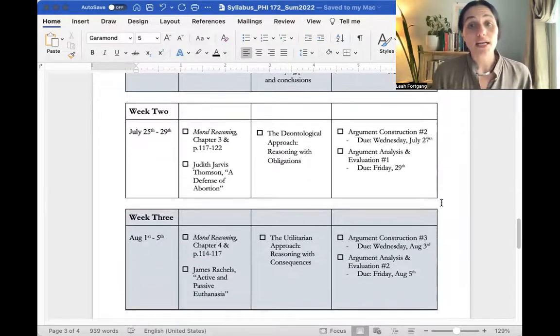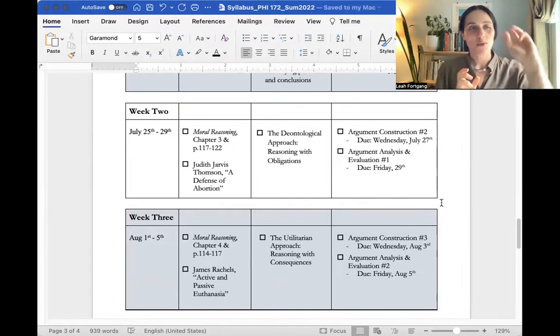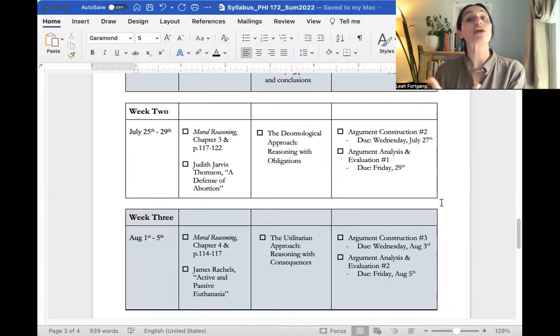The second week, we're going to dig into some stuff concerning reasoning, forming moral arguments, invoking this idea of obligation. So that's generally a way that you can reason within a moral argument. And then separately, there is a whole ethical theory that is built around that kind of approach.